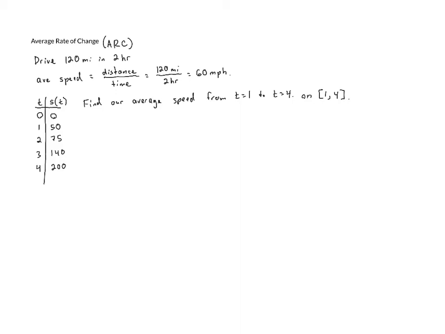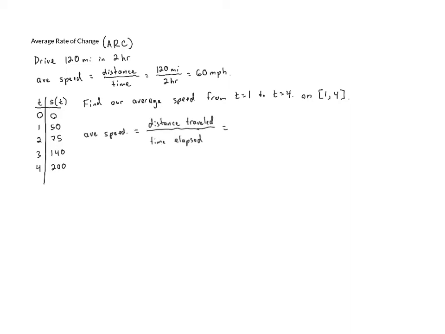So we want to find out how fast we were going, what our average speed was on this interval of time. And we're going to use the formula for average speed. Average speed always equals the distance traveled divided by the time elapsed.